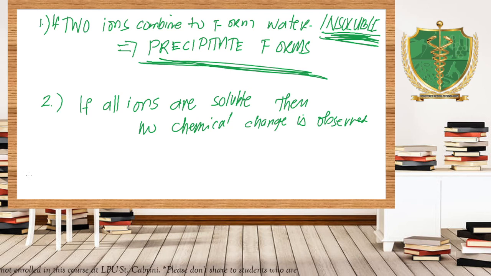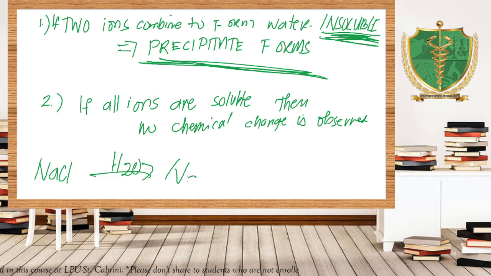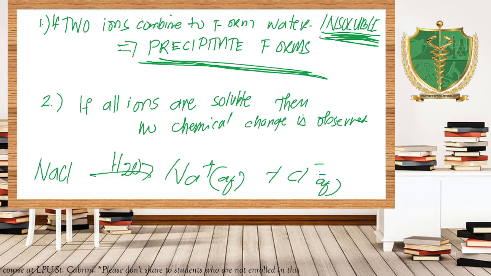Again, our ionic compound that dissolved in water will give us sodium ions plus chloride ions. Now take note, guys, why do we have here aqueous? If we use water as our solvent, then the solution will be in aqueous form.